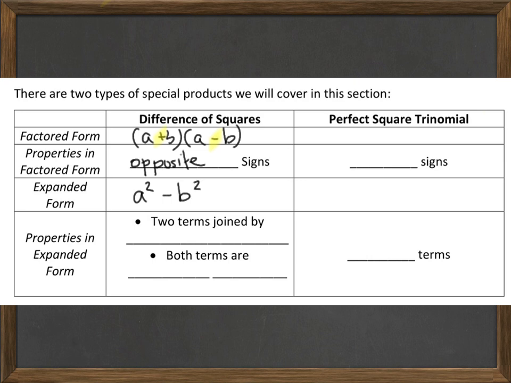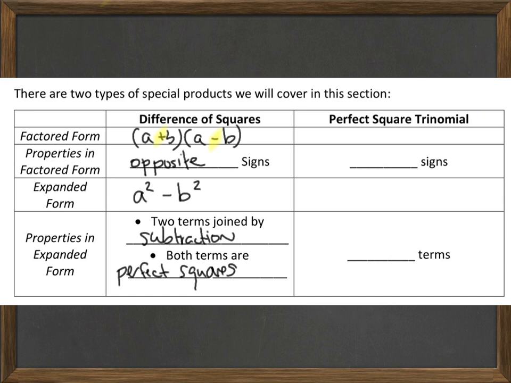Notice in the expanded form we have two terms, 1, 2, that are joined by a subtraction sign. Also, notice that both a squared and b squared are perfect squares. So that is a summary of difference of squares, or difference of two squares.